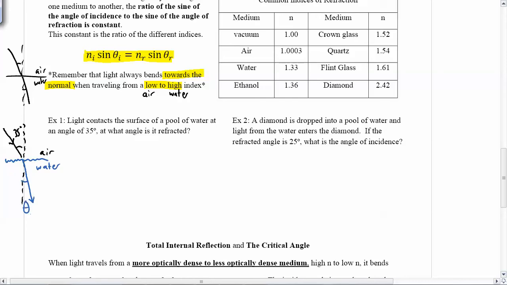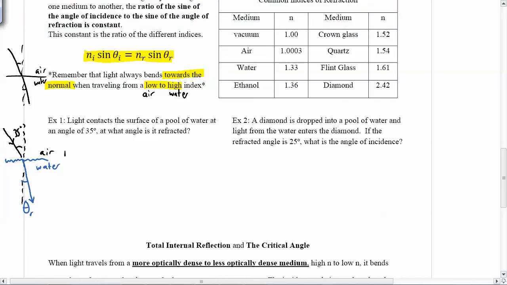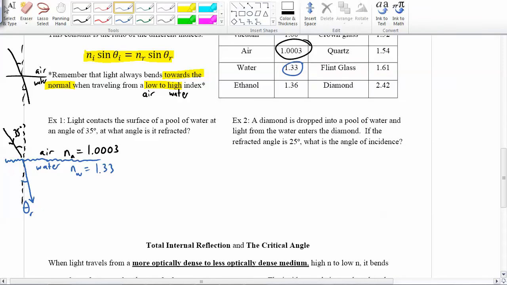What is that angle? Let's write down the indices of refraction. n for air is 1.0003, and n for water is 1.33. Now I can set up my equation using Snell's law.